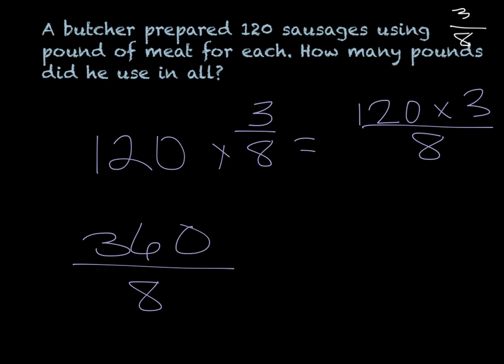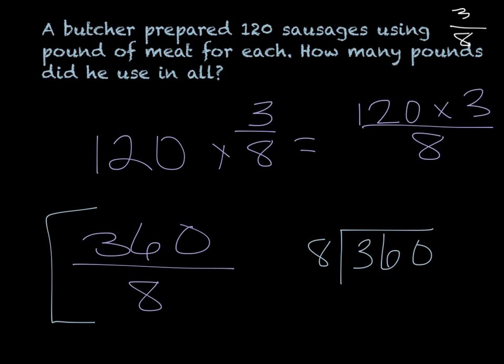So this is a case where you would not want to do a number bond to break down 360 eighths. You would want to do dividing to convert it to a mixed number. So we would take 360 divided by 8. 8 cannot go into 3, so we can put a 0 up there. 8 can go into 36 4 times to get 32.